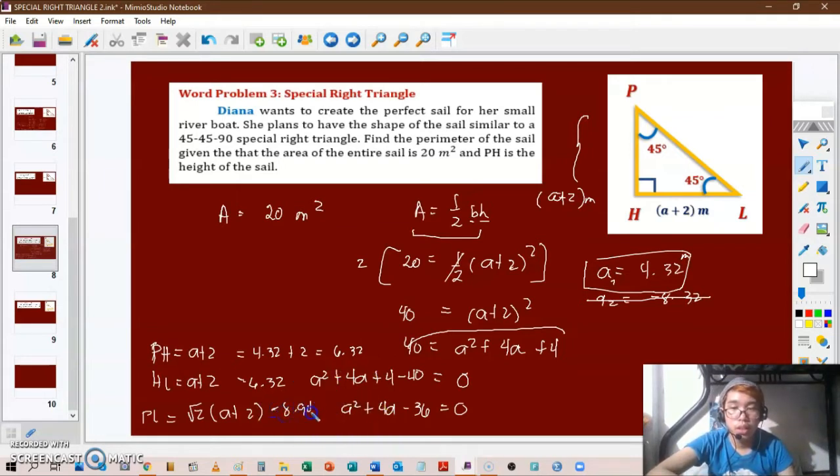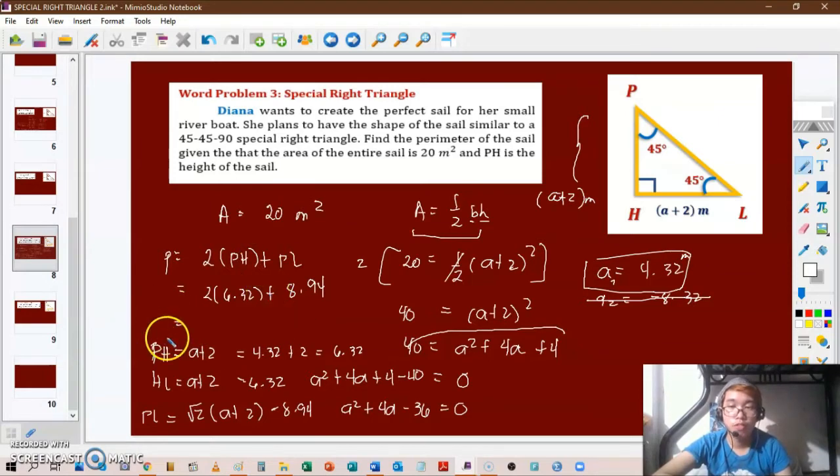To get the perimeter, the perimeter is going to be 2 PH plus PL, so 2 times 6.32 plus 8.94, which will give you 21.58. So the perimeter of our sail on this figure is equal to 21.58 meters.